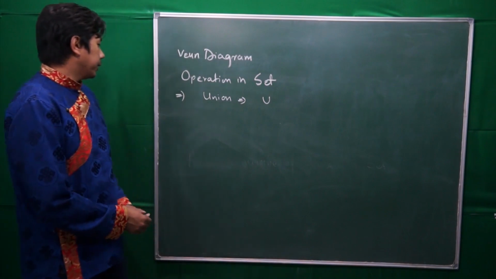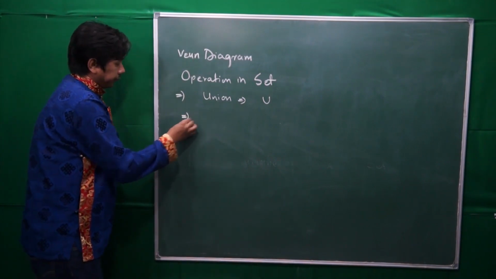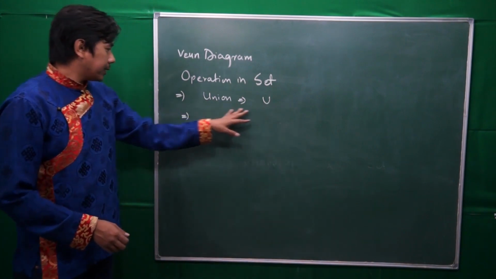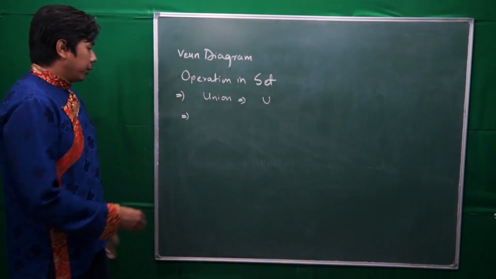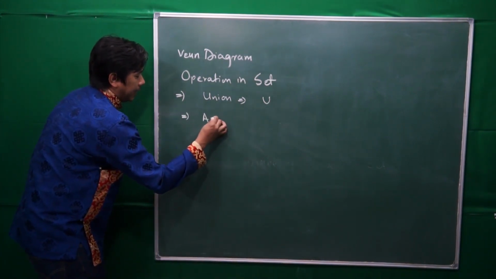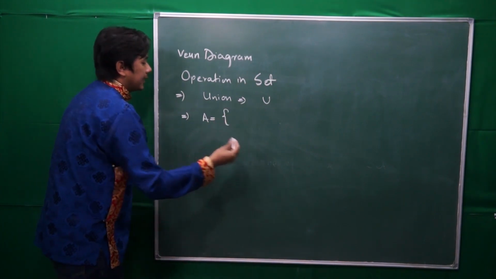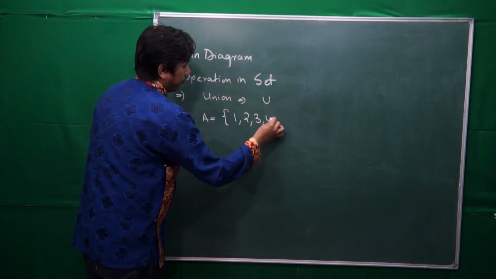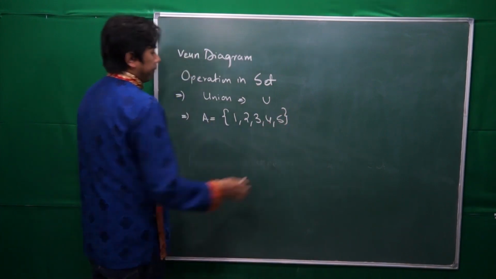Simple? To understand the union operation, we have a set A. Let's say set A's elements are 1, 2, 3, 4, 5.